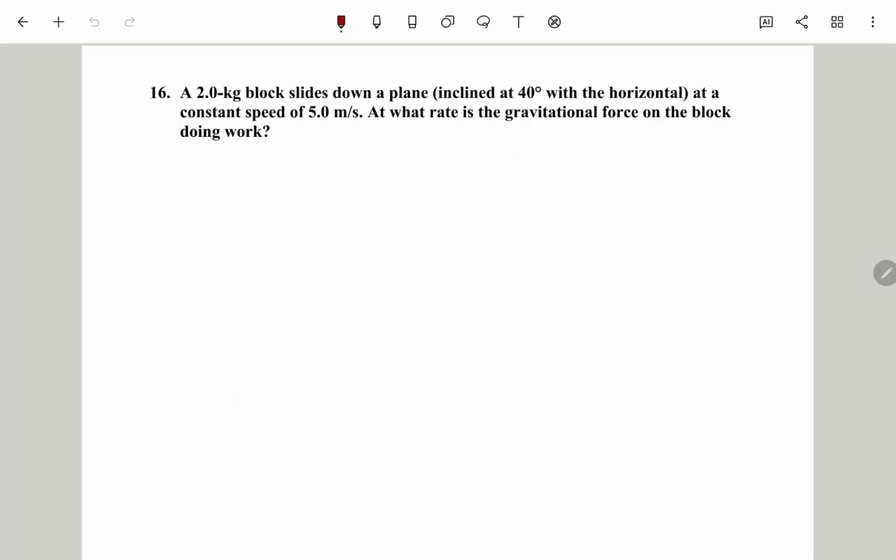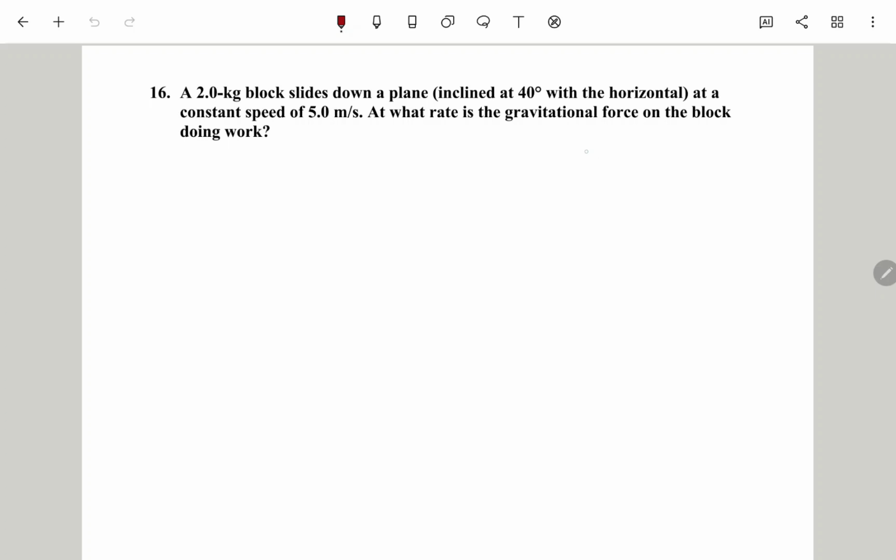A 2 kilogram block slides down a plane inclined at 40 degrees with the horizontal at a constant speed 5 meters per second, at what rate is the gravitational force on the block doing work?